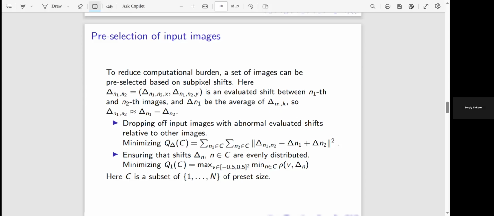So we can drop some of the images, and there could be different ways how to do that.